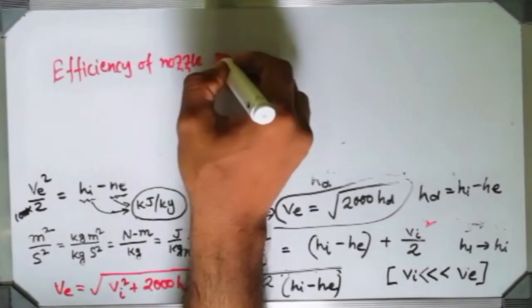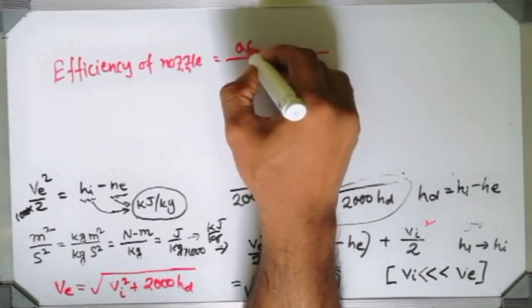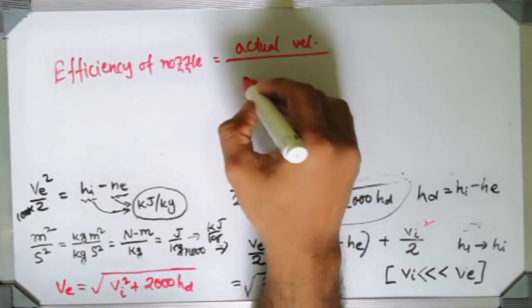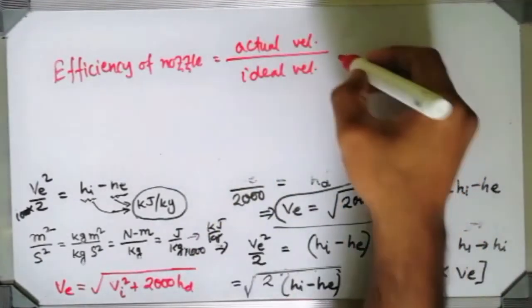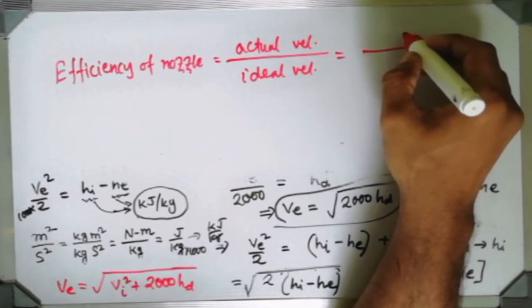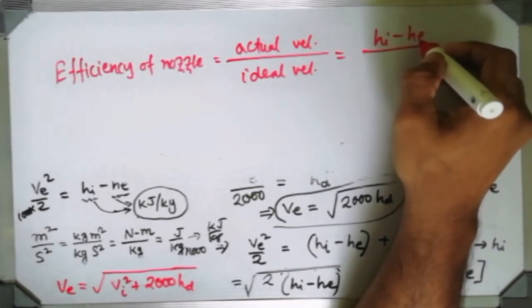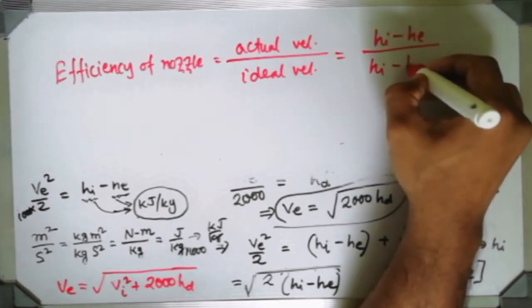That can be expressed by, sorry, actual velocity by ideal velocity, as well as in terms of heat drop. It also can be expressed like Hi minus He and Hi minus HES.